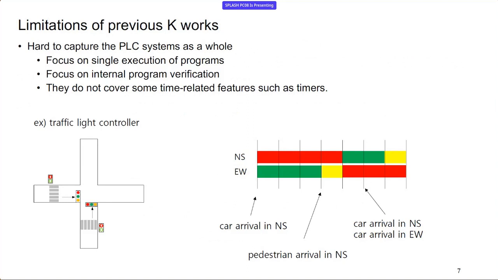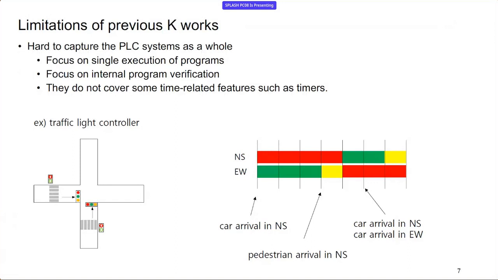So let's look at an example. It's a traffic light at an intersection, and this PLC program controls the color of the traffic lights for both directions through multiple cycles. The cycle, I'll explain in more detail later.